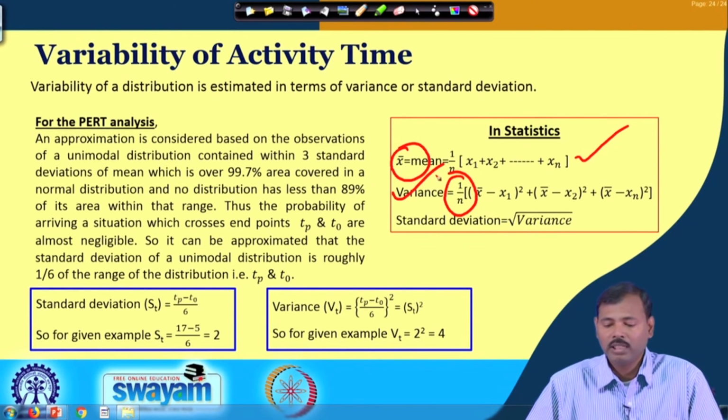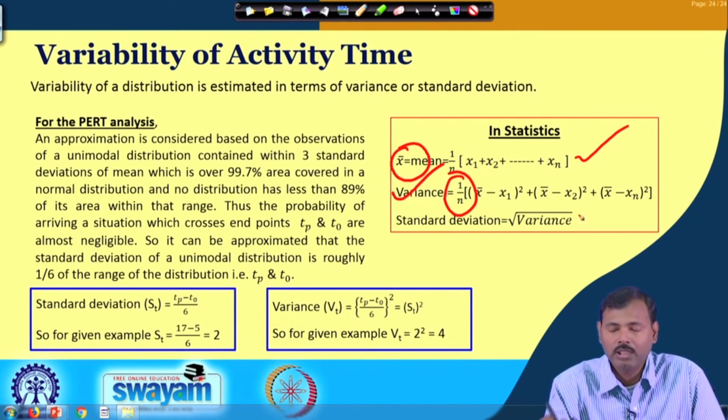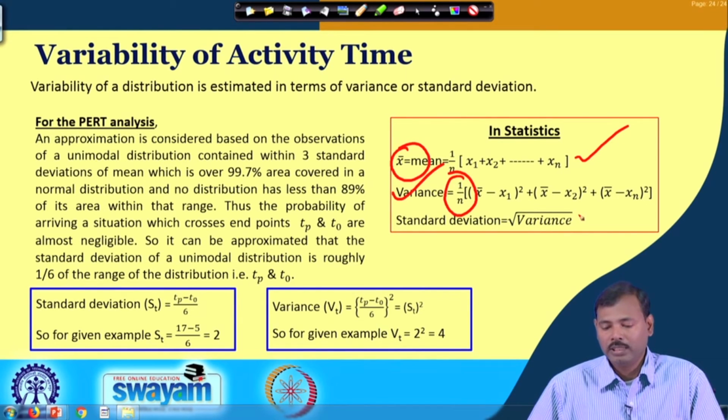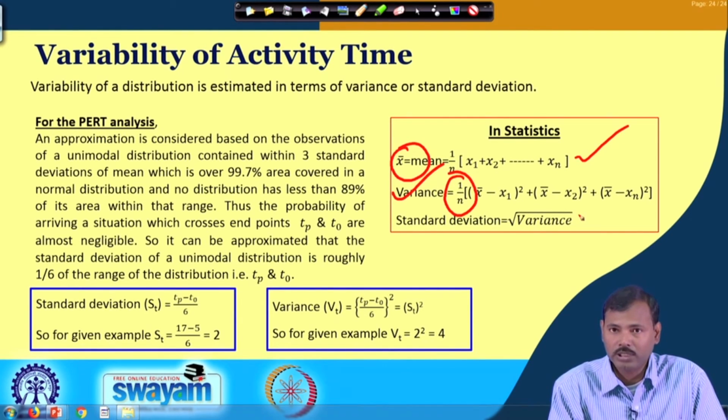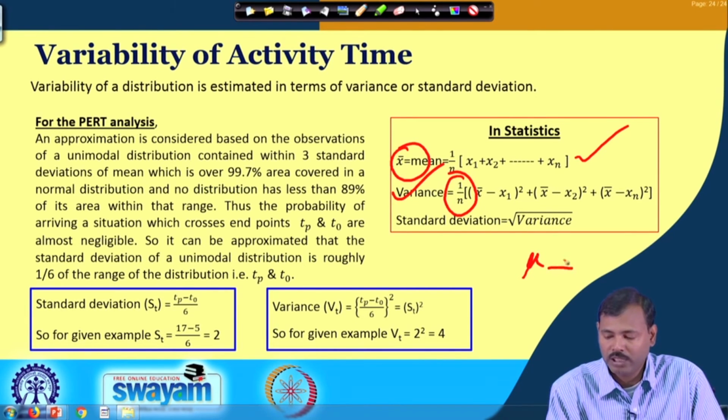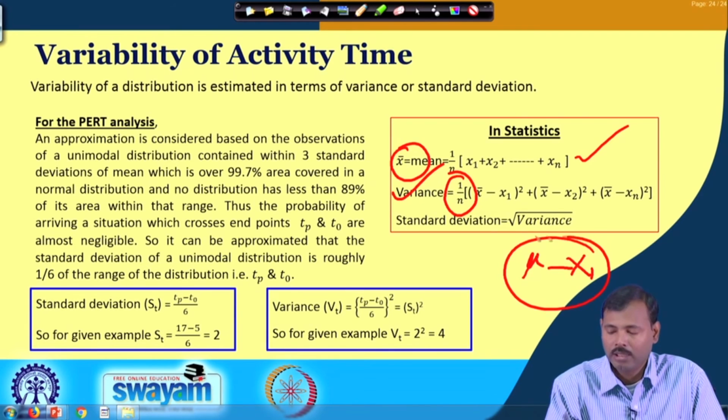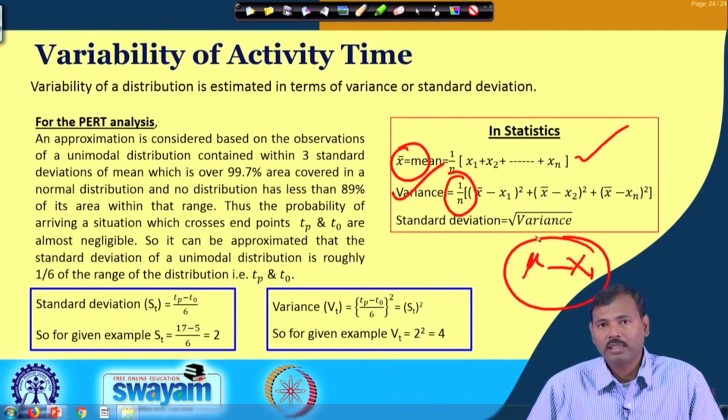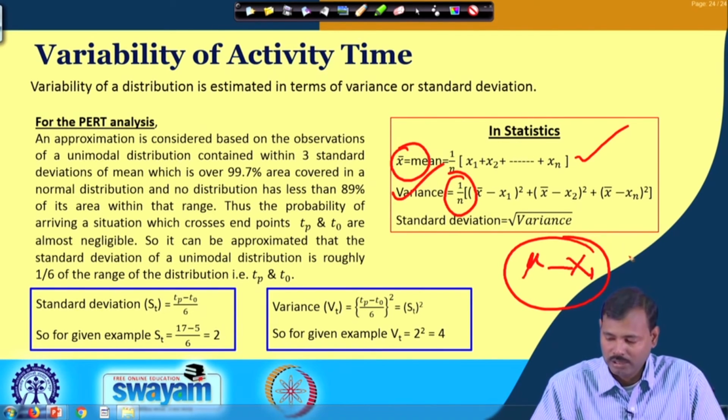The variance is calculated using this formula, where the mean minus the observations are squared, and the sum of those squares divided by the number of observations gives you the variance, and the standard deviation is obtained by the square root of the variance. So, the concept is that we are getting the mean value, and from there the observations are deducted. Whatever the variation is observed, we are summing them by squaring them.